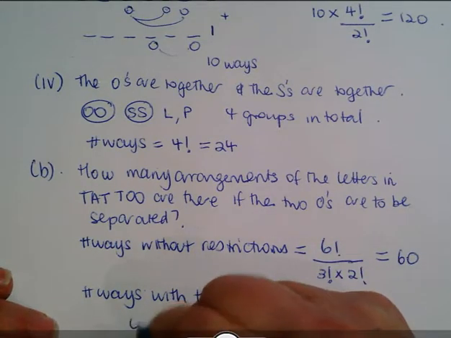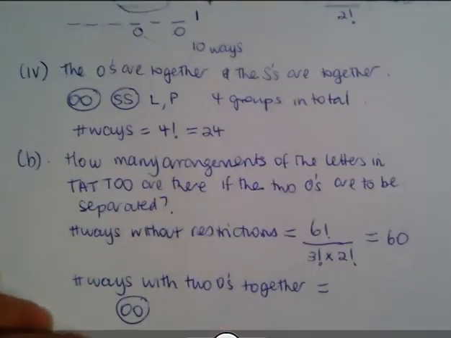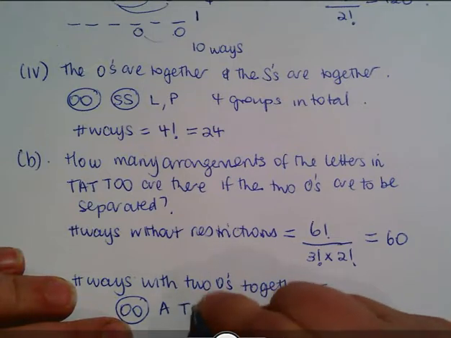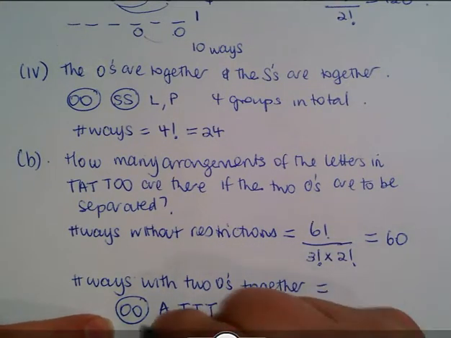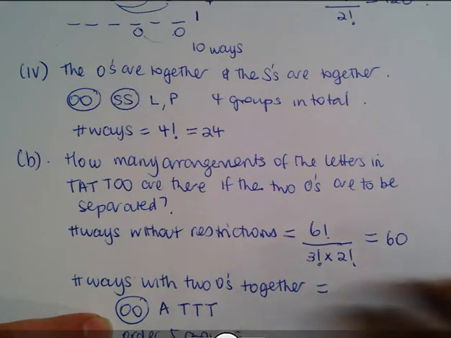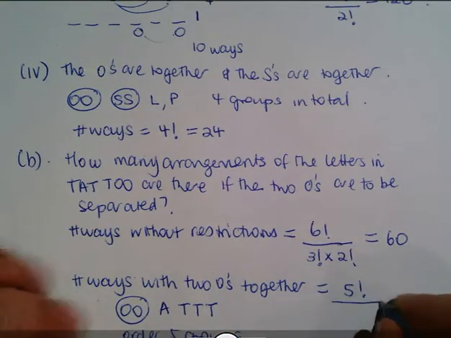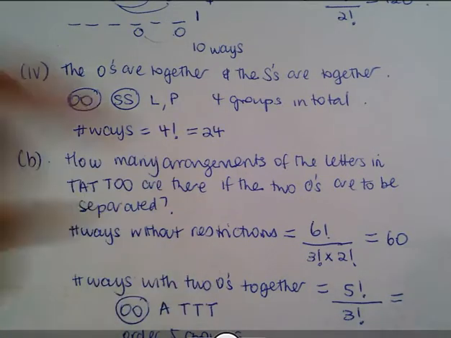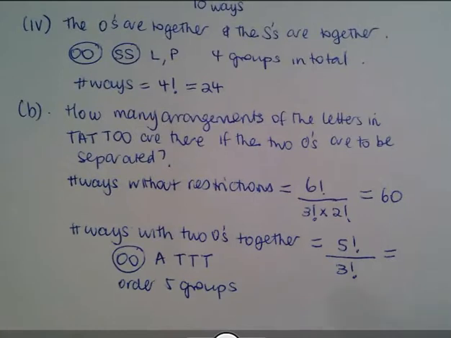Now if the 2 O's are together, they form a group, and then we've got the A and the 3 T's. So you need to order 5 groups when the 2 O's are together. So we've got 5 factorial over 3 factorial, because that's for the 3 T's. And that is 20, because that's 120 over 6, which is 20.